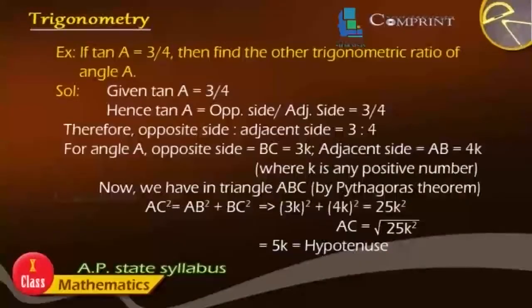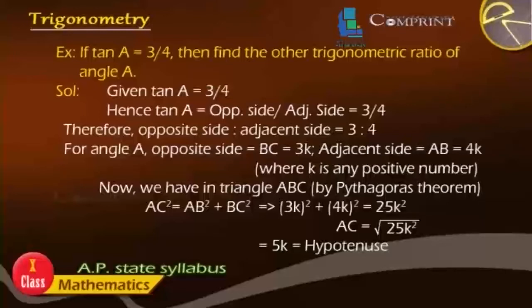Therefore, opposite side is to adjacent side is equal to 3 is to 4. For angle A, opposite side BC is equal to 3K, adjacent side AB is equal to 4K, where K is any positive number.